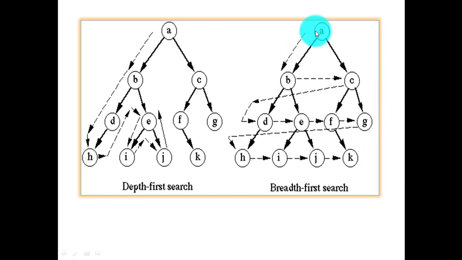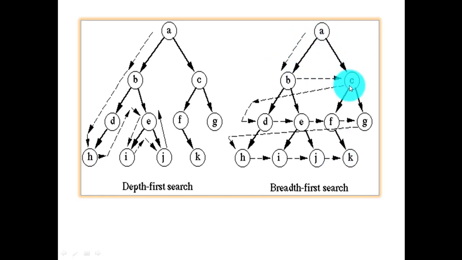So from A go to level 1 and expand all the nodes in level 1, that is B and C. Then come to level 2 and expand all the nodes, that is D, E, F, Z. Then go to level 3 and expand all the nodes H, I, J, K. If any one of them is a goal, we return success and return the path.